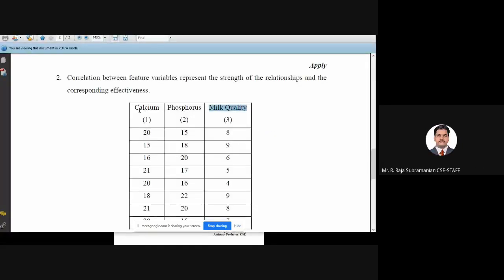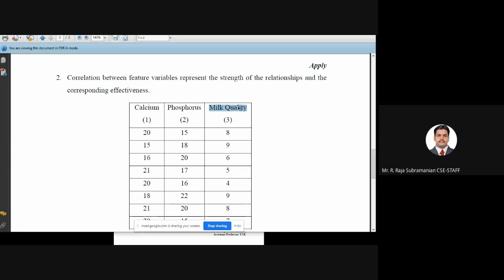Now find the correlation coefficient, that is multiple correlation, for the dependent variable milk quality, keeping calcium and phosphorus as independent variables. What will you say? R3.12.